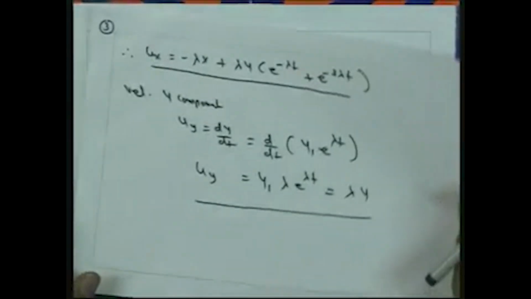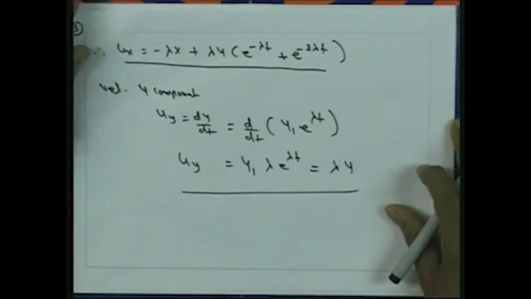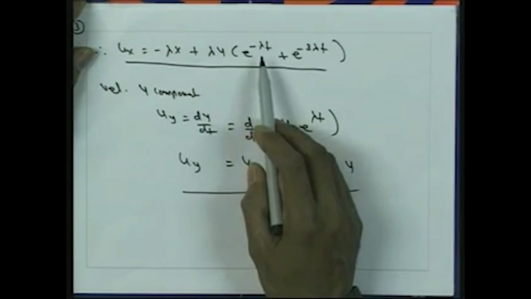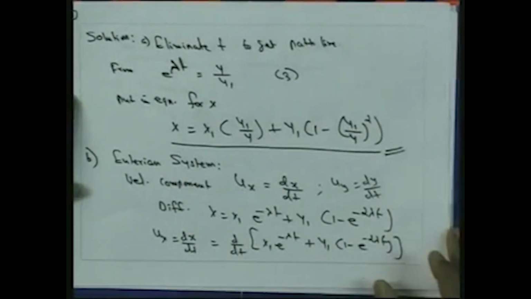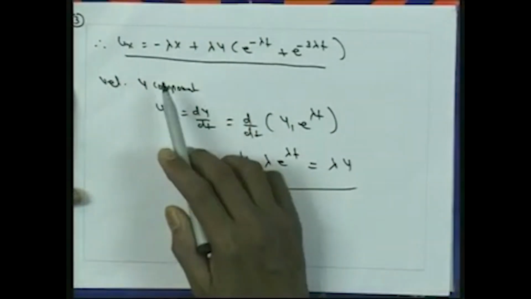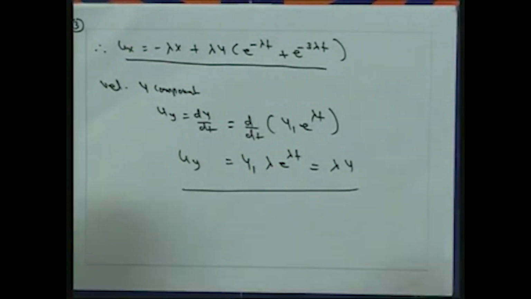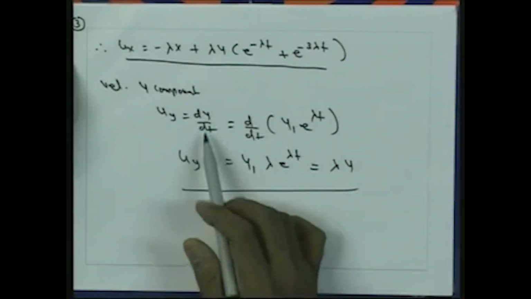If you differentiate and simplify, you will get the expression for velocity in the Eulerian system: ux is equal to minus lambda x plus lambda y into e to the power minus lambda t plus e to the power minus 3 lambda t.